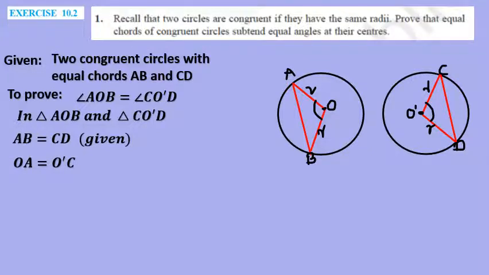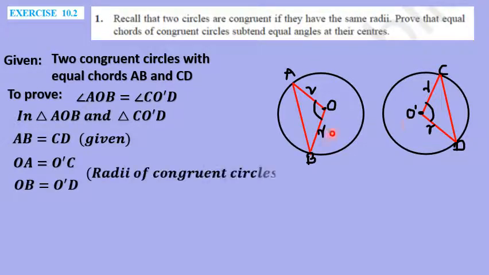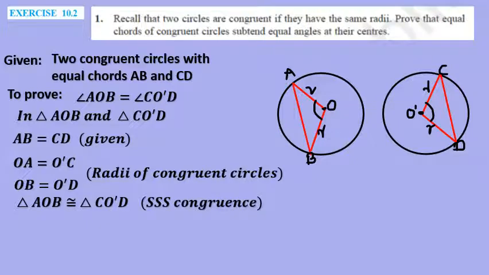That means OA equal to O dash C. Similarly, OB equal to O dash D, radii of congruent circles. So the three sides of triangle AOB are correspondingly equal to the three sides of the other triangle. So the triangles are congruent by the SSS congruence criterion.